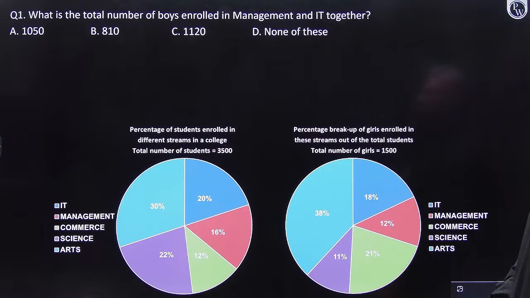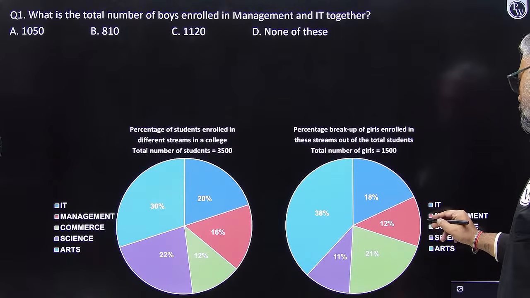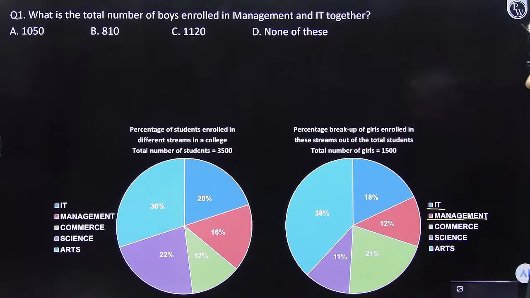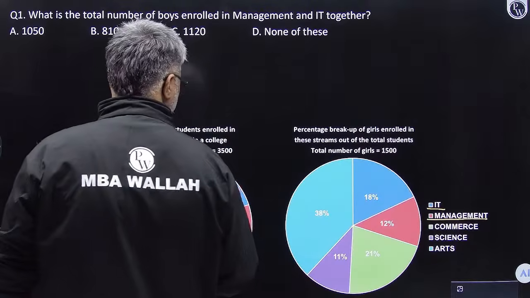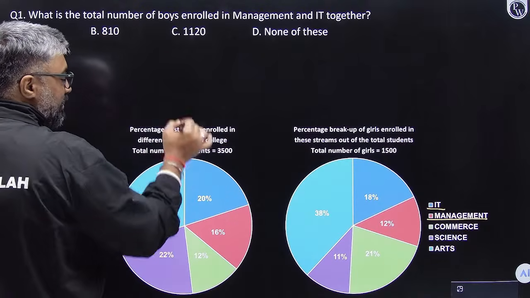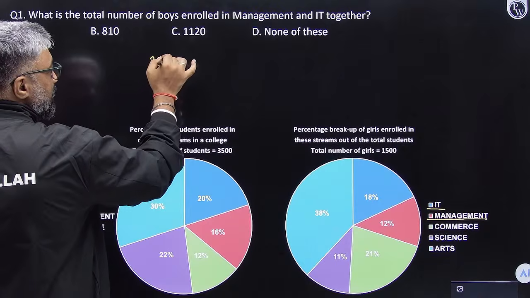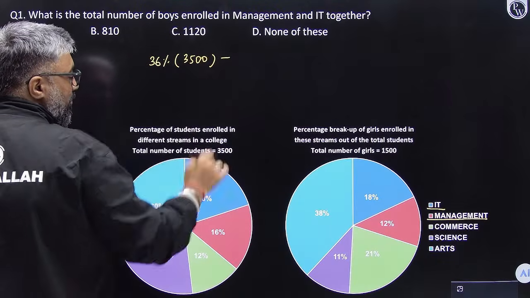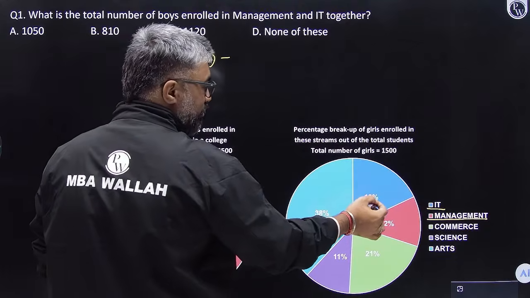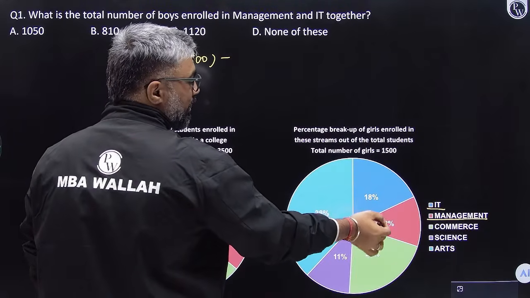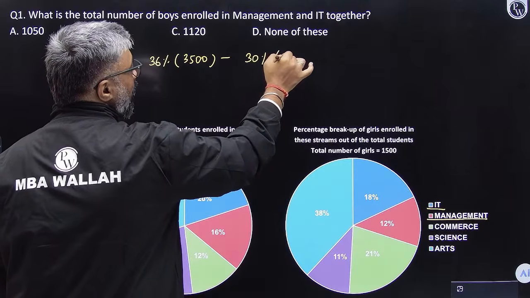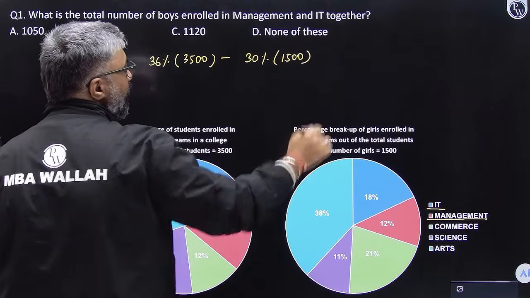What's the total number of boys enrolled in management and IT? So management and IT, correct? That's 20% and 16%. That's 36% of what number? 3,500 minus, again, management and IT, these two, this is 30% of 1,500.